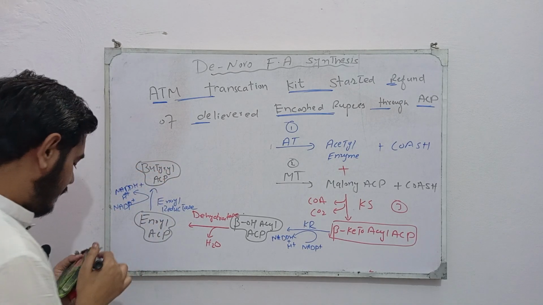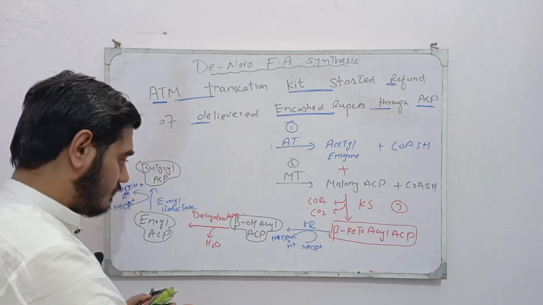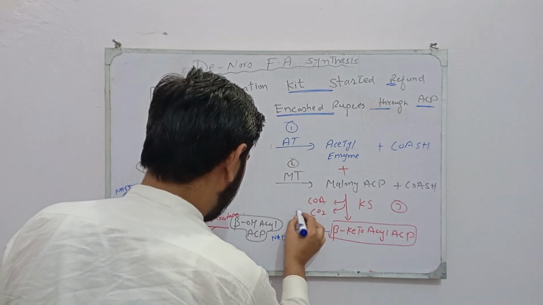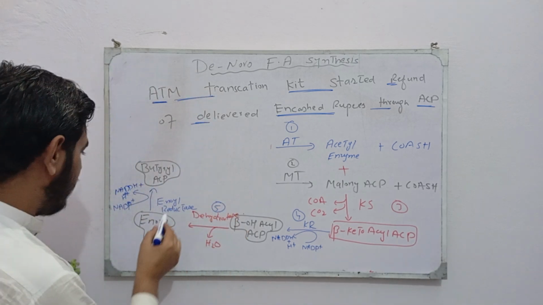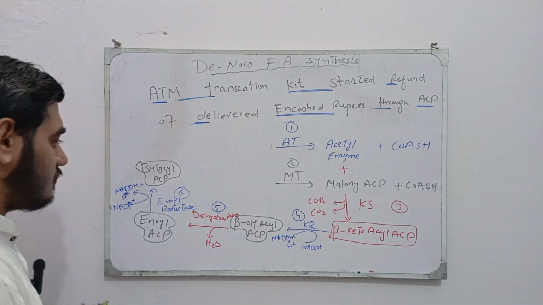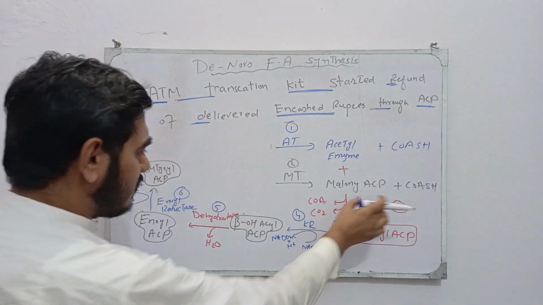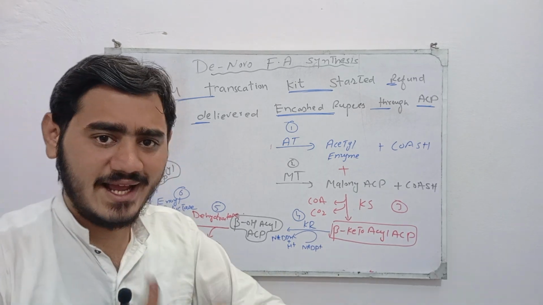Okay, students. Third step, this one is the fourth step, this one is the fifth step, and this one is the sixth step. Students, the third, fourth, fifth, sixth steps are repeated again and again.